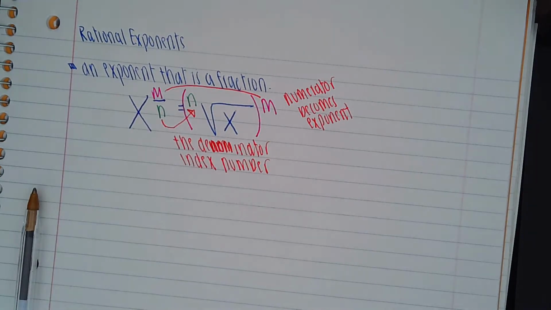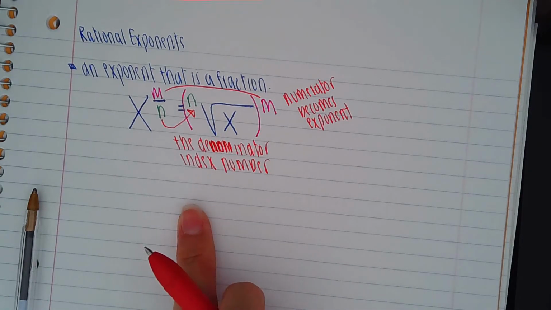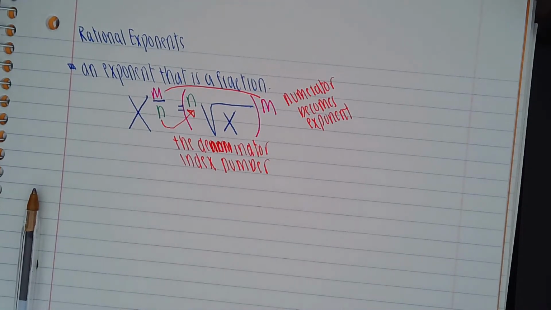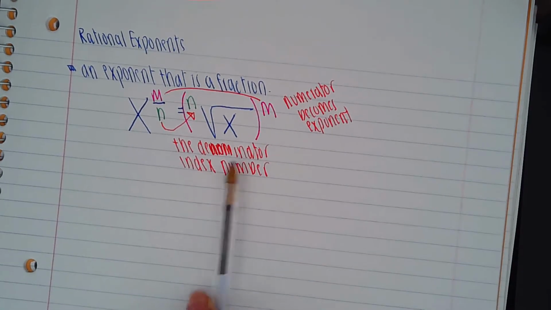What root are we taking? The square root, the cube root, the third, the fourth root, fifth root. Okay, so that's kind of how we think about it.